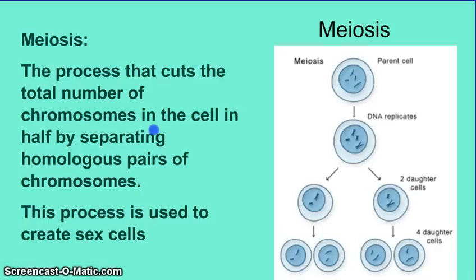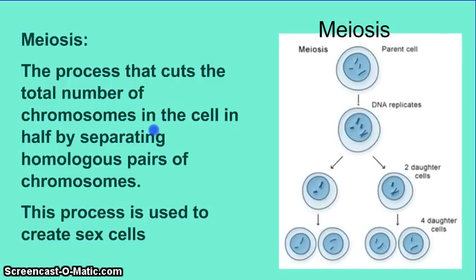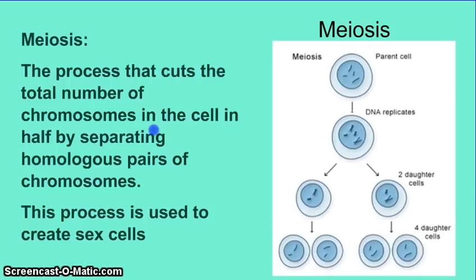So this is the official definition of meiosis. Meiosis is the process that cuts the total number of chromosomes in the cell in half by separating homologous pairs of chromosomes. And this process is used to create sex cells. And here we have a diagram which shows the general process of meiosis.